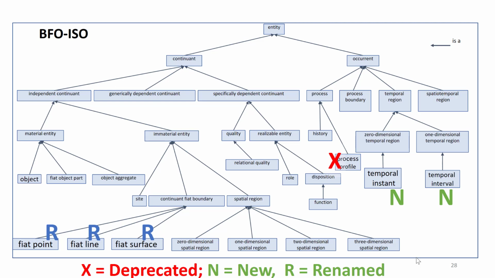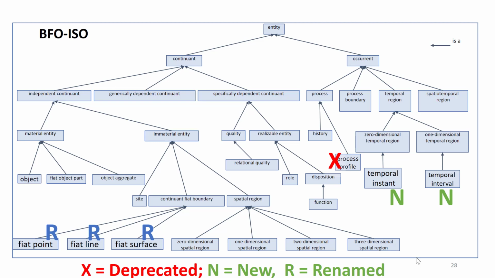We deprecate process profile. I like process profile. Many people are going to continue to use process profile. We will continue to support process profile, but not as part of BFO. It will be part of some other ontology, and that's for complicated reasons, which I can address, if you wish, in the questions.